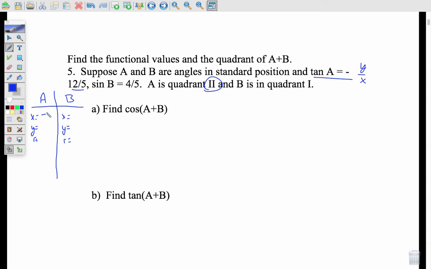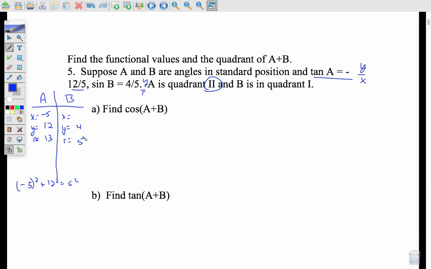Our angle A is in quadrant 2, so that tells me my x value is negative. So I have a negative 5 and a 12 for my y. If we know our triangles, that means r is 13. If you don't know those triangles, negative 5 squared plus 12 squared equals r squared, and you'll also get r to be 13.